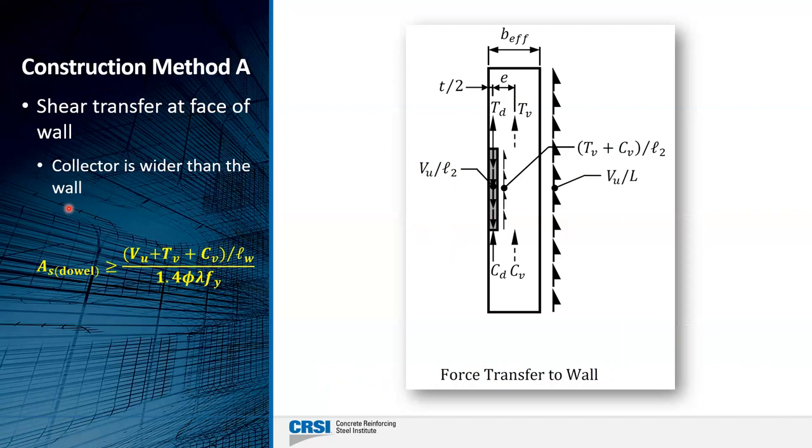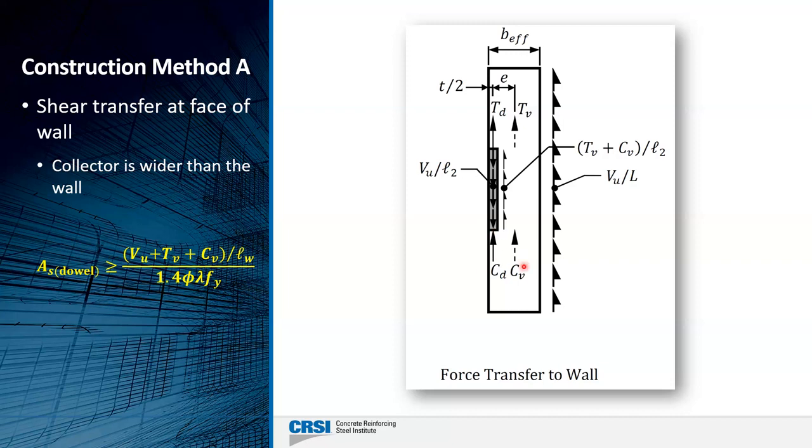What if the collector is wider than the wall? Sometimes we have to do this because, especially in higher seismic design categories, those forces in the collectors start to become very large. And they can't be transferred into the wall itself, especially if you have a very narrow wall and the slab is the only part that's able to transfer it.